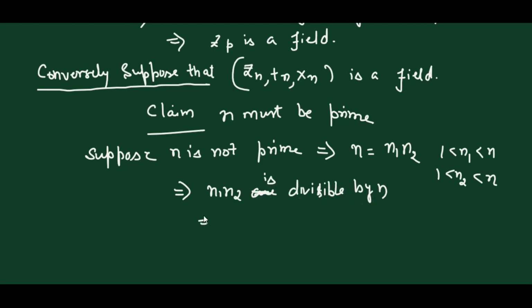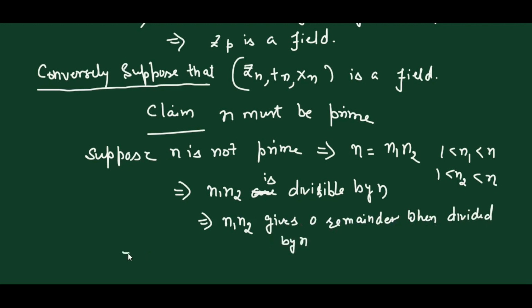So this implies n1 n2 gives zero remainder when divided by n, and you can write this in the multiplication notation as 0.